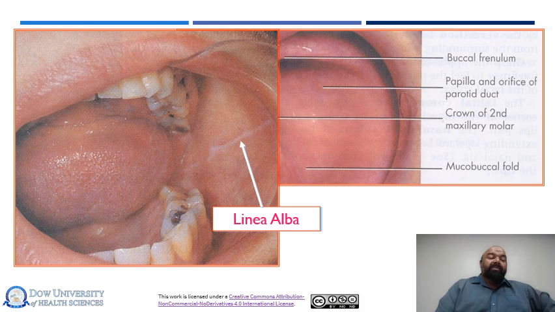So the buccal mucosa becomes a little bit more keratinized than usual, and we can see a whitish line that appears here. This whitish line is known as linea alba, and it is considered to be a normal variation of the buccal mucosa.